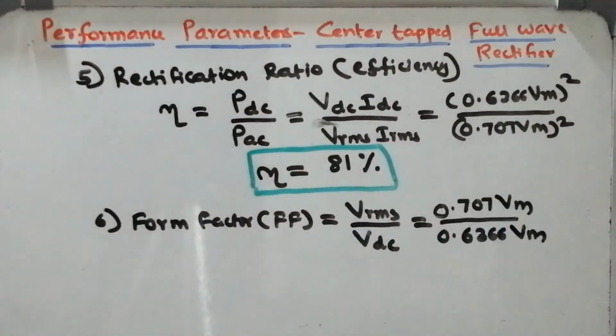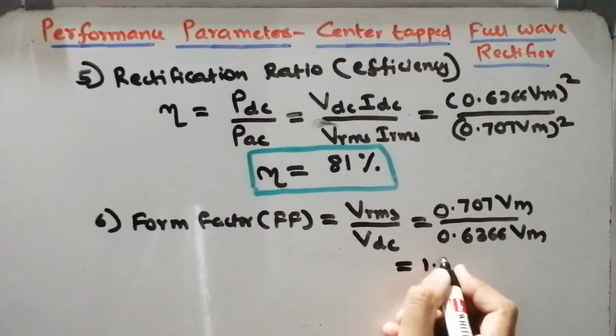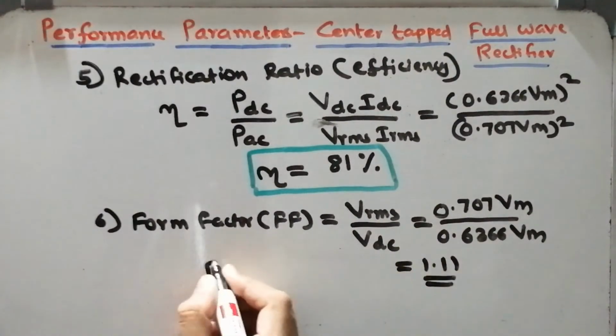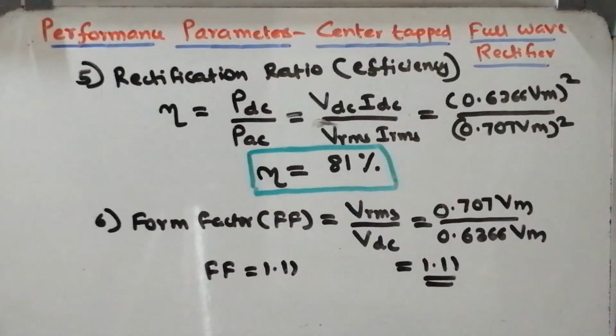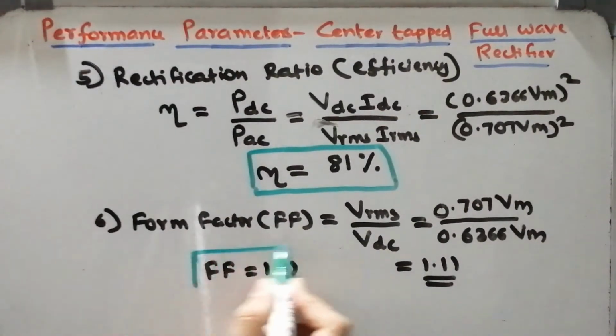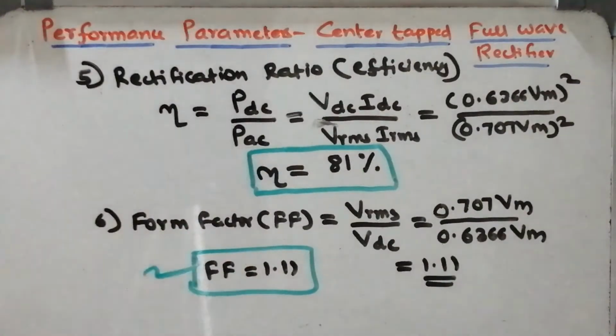So Vm and Vm cancel. Finally, if I compute, I will get 1.11. So the form factor is equal to 1.11. Note down this point also. This is also very important.